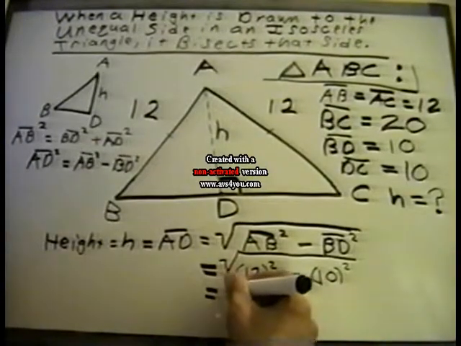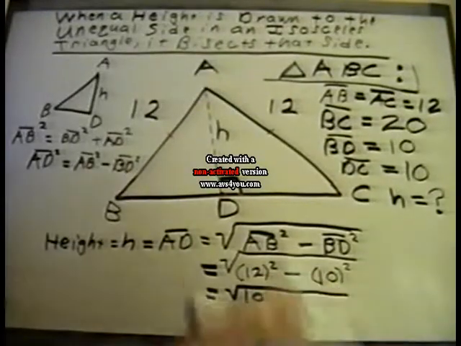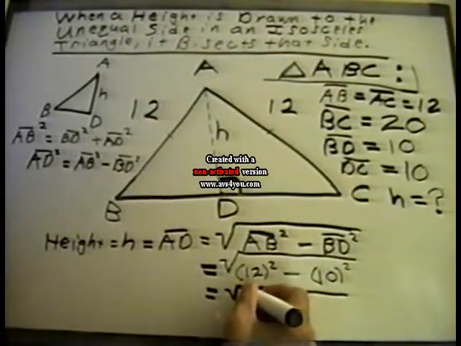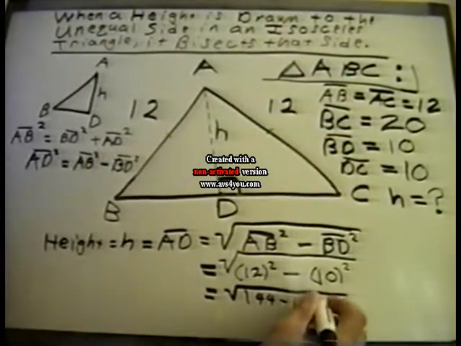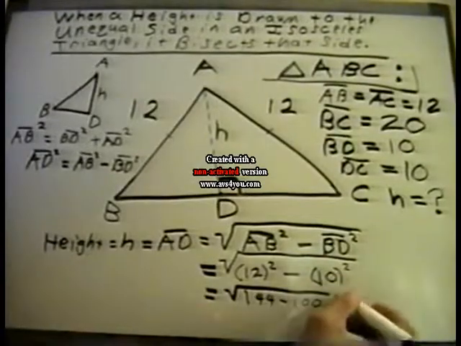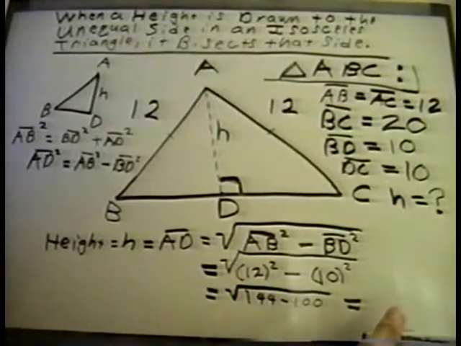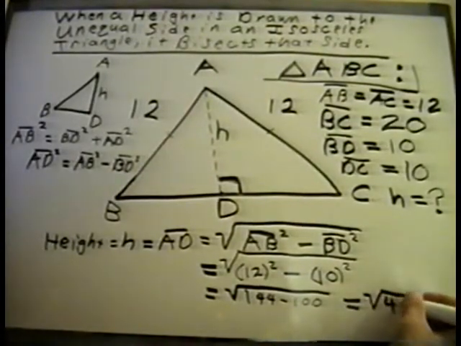So we get the square root of 144 minus 100, or the square root of 44.